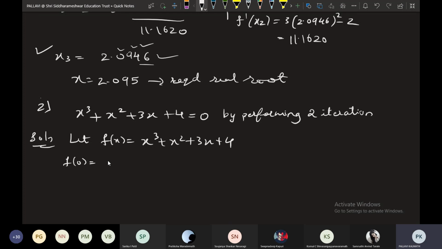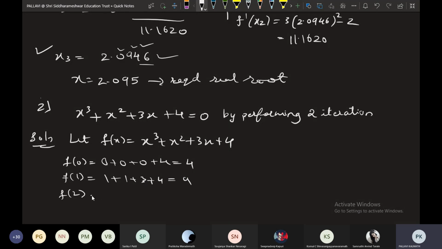f of 0: at 0 it is 0 plus 0 plus 0 plus 4, so it equals 4. Then f of 1: 1 cube is 1, plus 1, plus 3, plus 4, so you get 9.